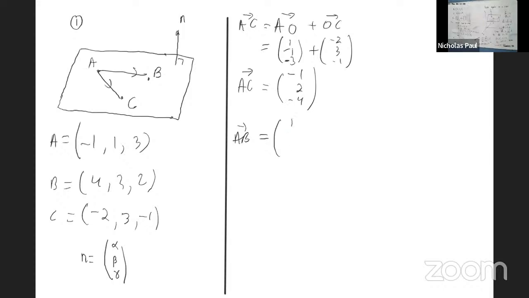No, that's 1 -1 -3 plus B. B is 4, 3, 2. So we get 5, 2, -1. That's the AB, right? So we have AB and AC.